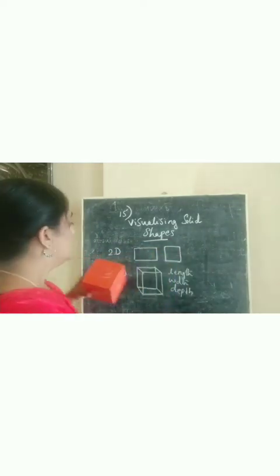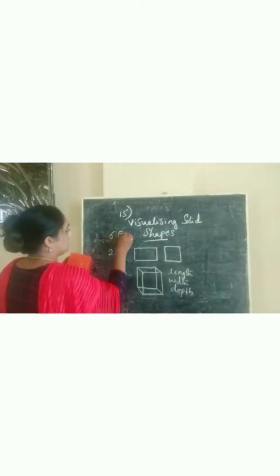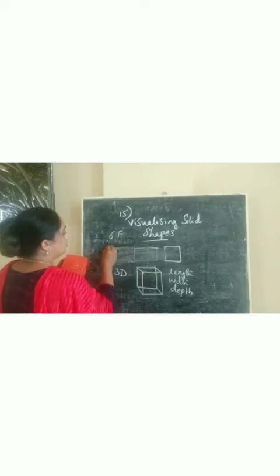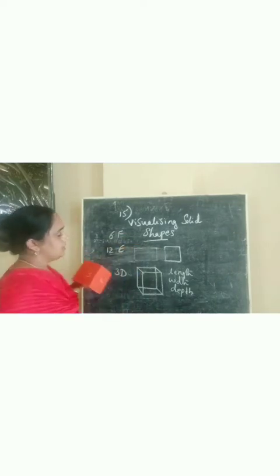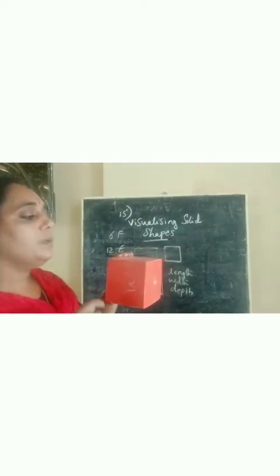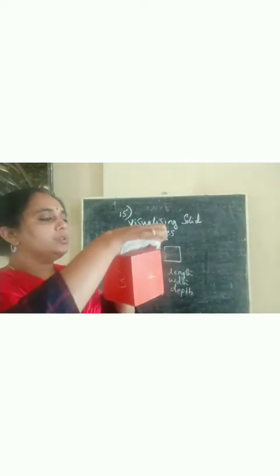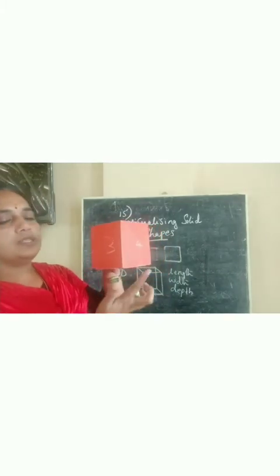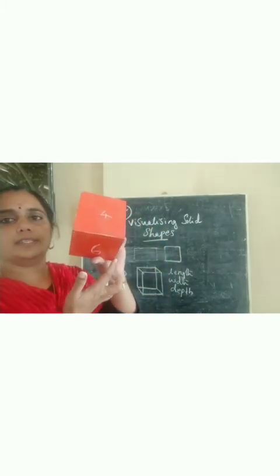So 6 faces are there, then 12 edges are there. Then we have to think about the vertices. How many will be there? 1, 2, 3, 4, 5, 6, 7 and 8. Got it.